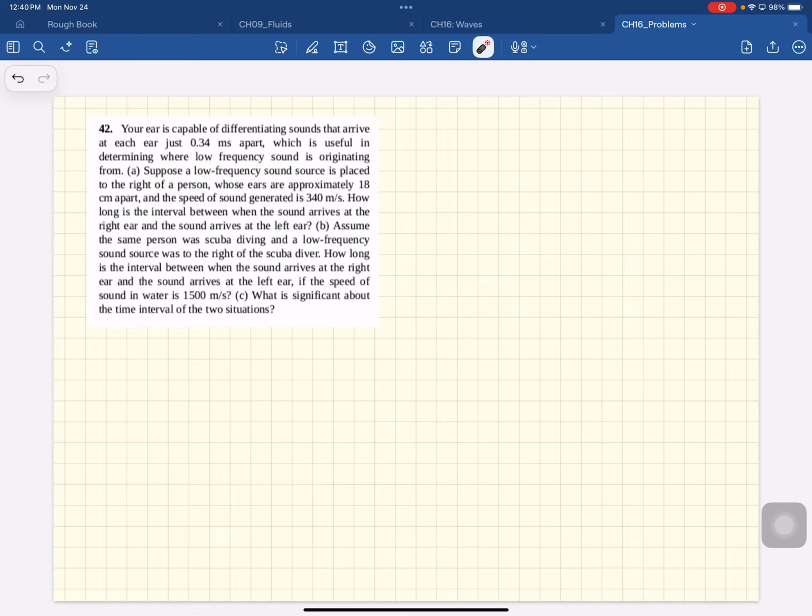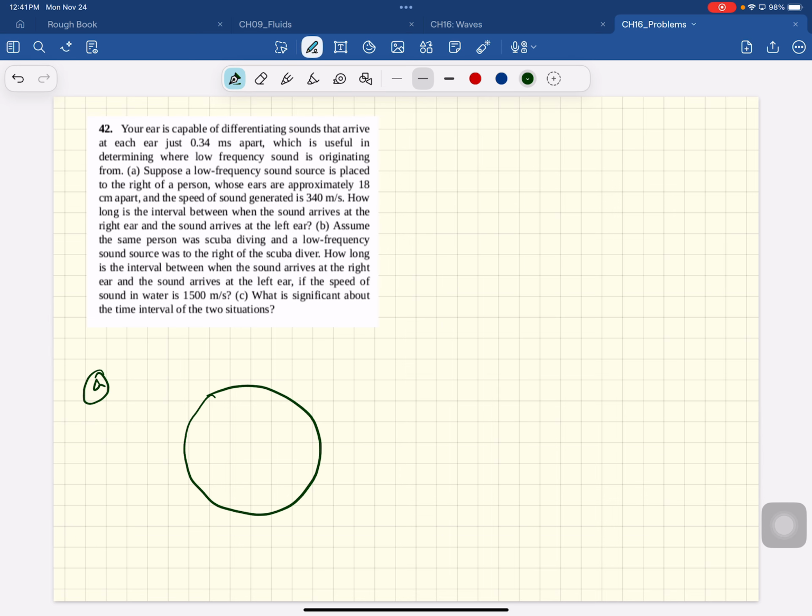Suppose a low frequency sound source is placed to the right of a person whose ears are approximately 18 centimeters apart, and the speed of sound is 340 meters per second. How long is the interval between the sound arriving at the right ear and the sound at the left ear? Well, here's your head there, and there's the sound arriving, and this distance is 18 centimeters.